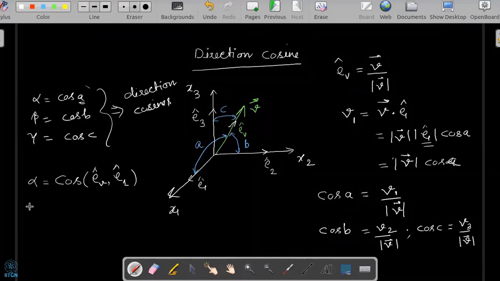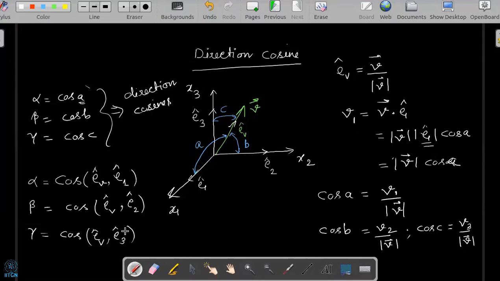Okay. Similarly, beta is the angle between E_V and E2, where E_V is the unit vector along vector V, and gamma is the angle between E_V and the x3 axis, E3 cap. So we can write this.